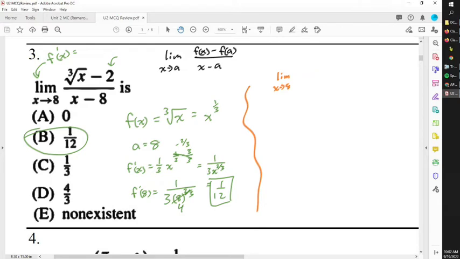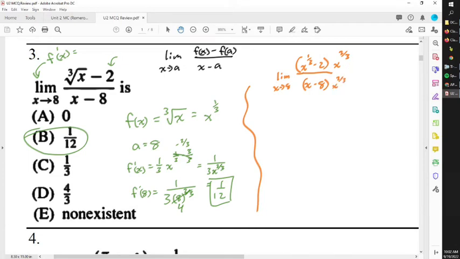Manipulate. Yeah, let's manipulate. So x minus 8 on the bottom, and on the top I have x to the 1/3 minus 2. I'm trying to think of the easiest way to remember this. I might do something you've never seen before. I'm going to multiply it by x to the 2/3.